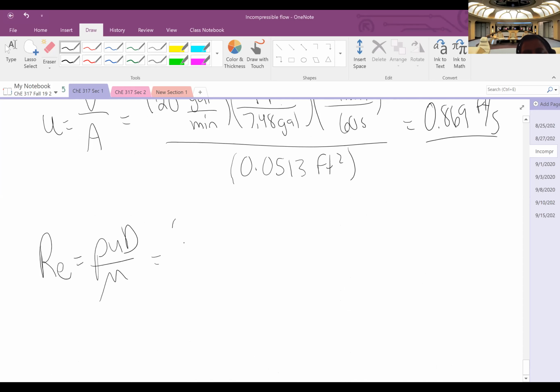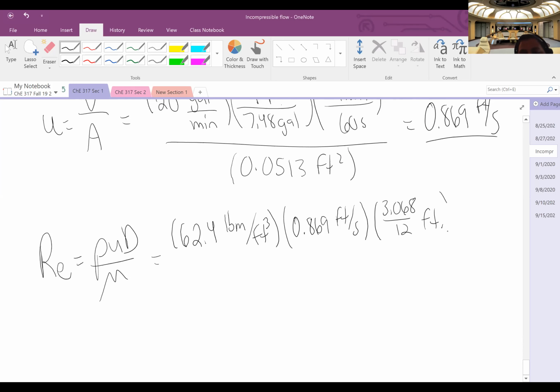The density is 62.4 pound mass per cubic foot. The flow velocity is 0.869 feet per second. The diameter, 3.068 over 12. And the viscosity of water is 1 centipoise. If I convert that to English, it would be 6.72 times 10 to the minus 4 pound mass per foot second.